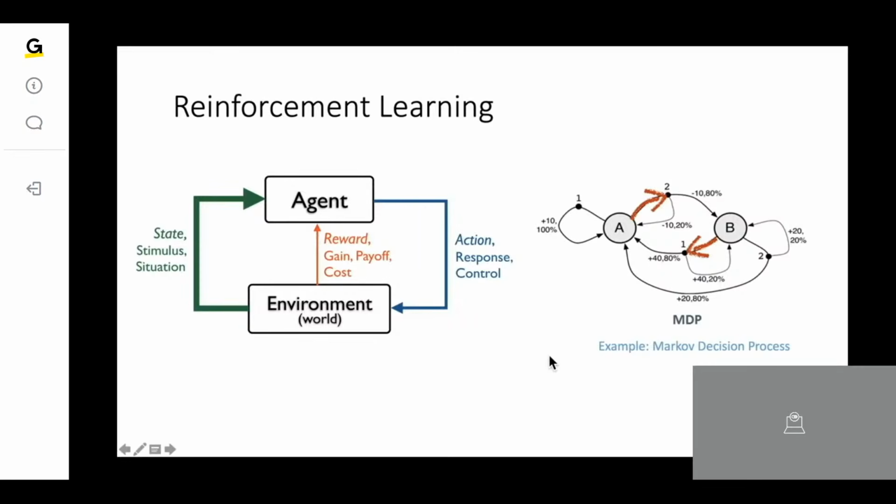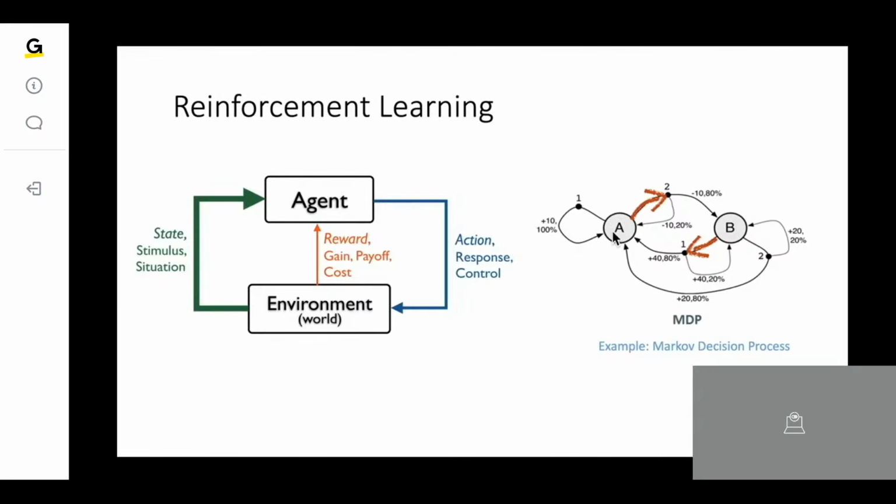Now, as Anirban talked about, MDPs or Markov decision processes are good formalisms for sequential decision making. In this example, we have a toy MDP, fully specified here with two states A and B and their corresponding actions. We will briefly look at this example.